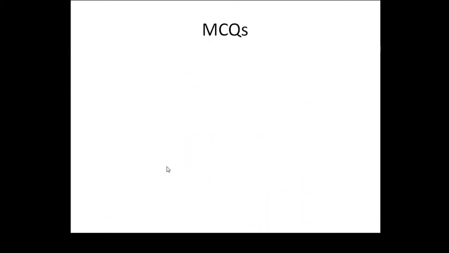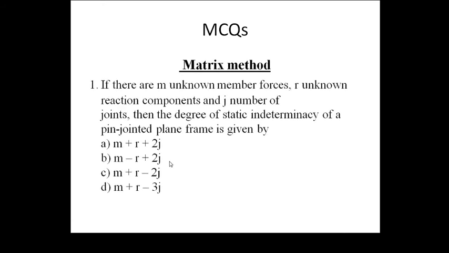Now the MCQs, multiple choice questions, in the matrix method. The first one is: if there are M unknown member forces or unknown reaction components, and J number of joints, then the degree of statical indeterminacy of a pin-jointed plane frame is given by, you see this one, M is the unknown member.